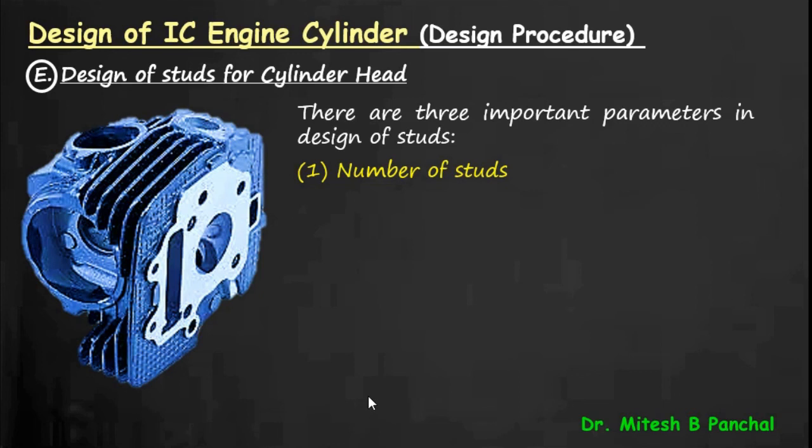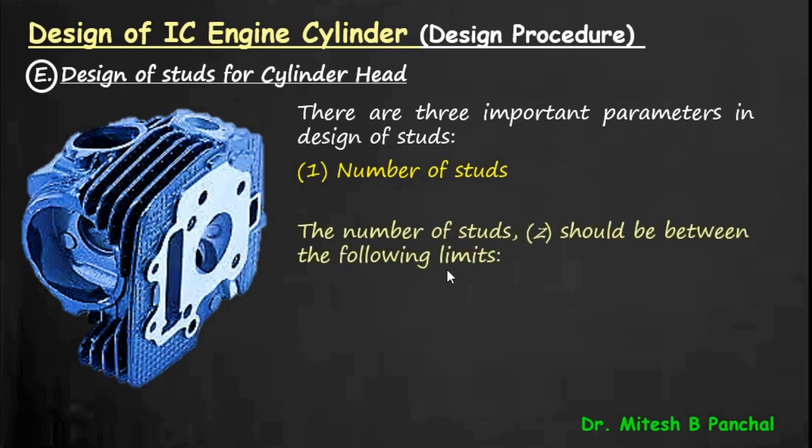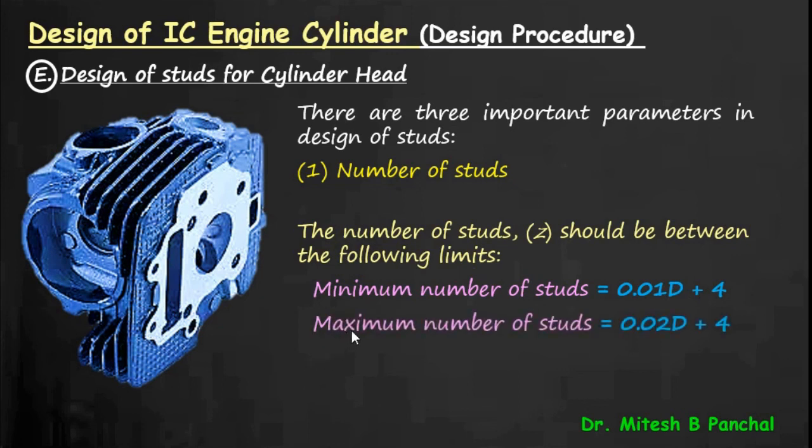The number of studs Z should be between the following limits. The minimum number of studs is 0.01 times D plus 4, where D is the diameter of the cylinder bore. The maximum number of studs is 0.02 times D plus 4.